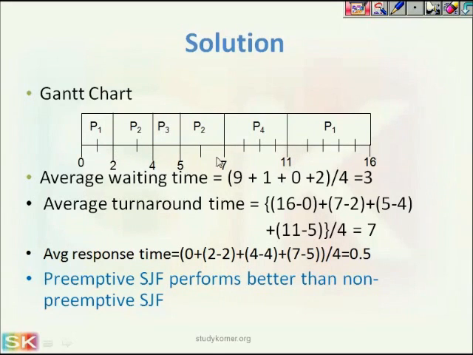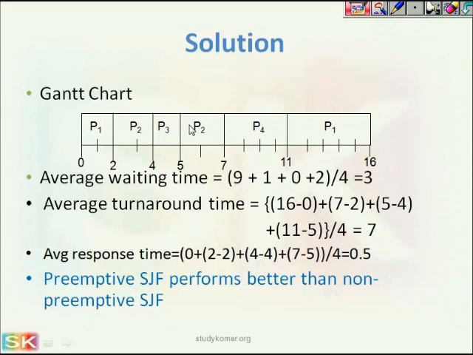So from 2 to 11 P1 was waiting, right? So 11 minus 2, 9 seconds overall P1 has waited, right?